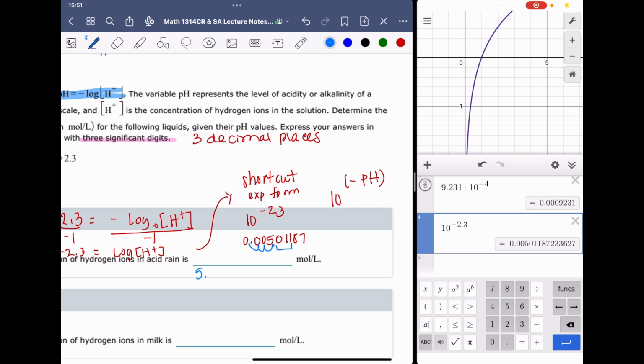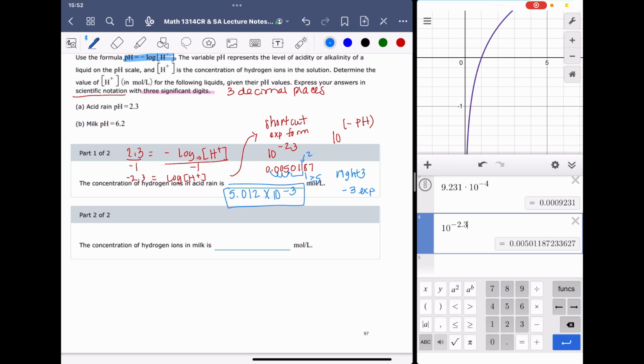This 8 is greater than or equal to 5, so we have to round that up to a 2. So 5.012 times 10 to the negative 3, because it moved right 3, so that's a negative 3 exponent.